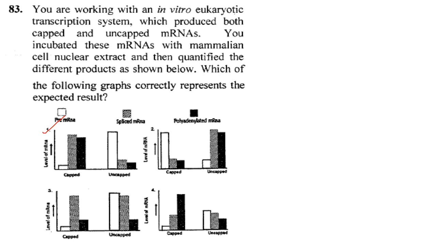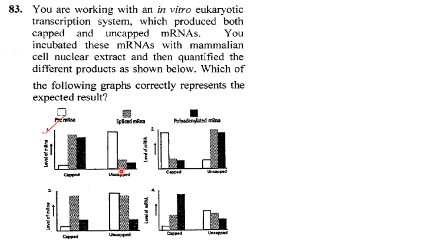So if you see your option 1, pre-mRNA is less, spliced and polyadenylated mRNA is more. Whereas in others, pre-mRNA is more, so that is wrong. Pre-mRNA is less, but polyadenylated mRNA is also less, that is not correct. Pre-mRNA is less, but polyadenylated mRNA is more, but spliced mRNA is less. So that is also not correct. So option 1 is correct.